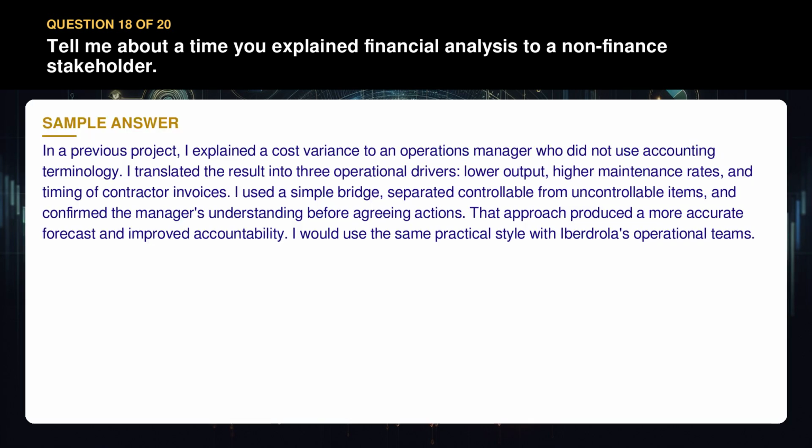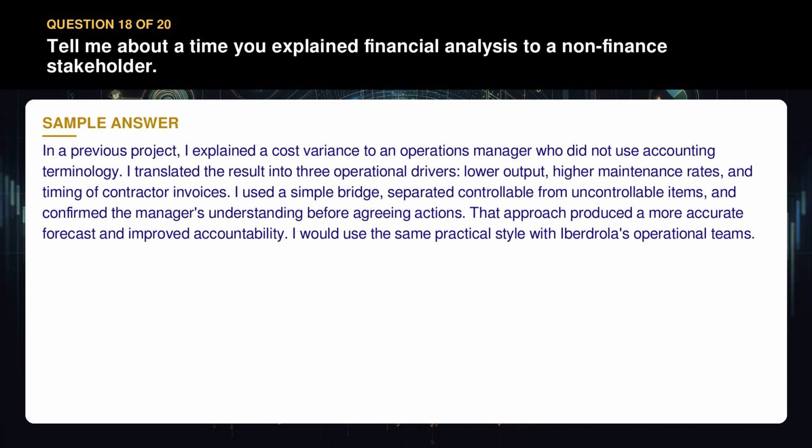In a previous project, I explained a cost variance to an operations manager who did not use accounting terminology. I translated the result into 3 operational drivers: lower output, higher maintenance rates, and timing of contractor invoices. I used a simple bridge, separated controllable from uncontrollable items, and confirmed the manager's understanding before agreeing actions.